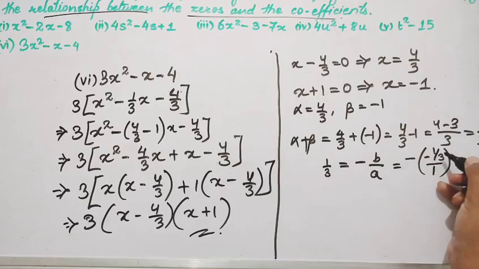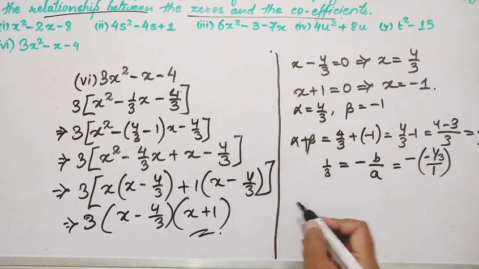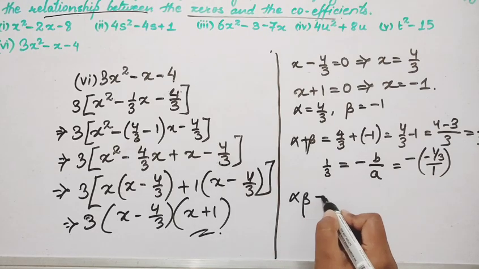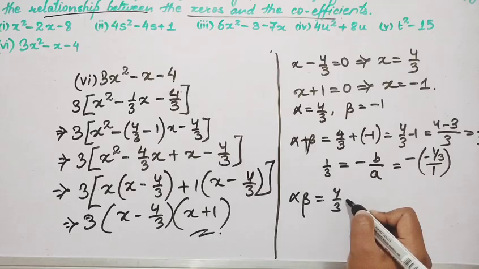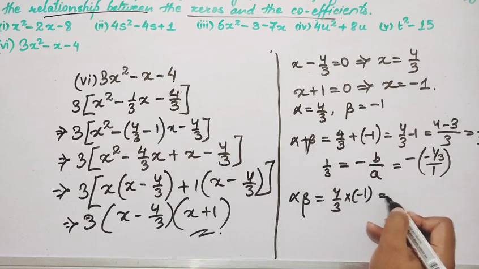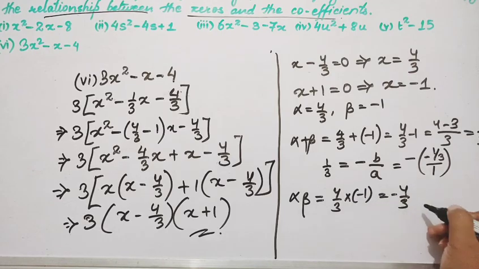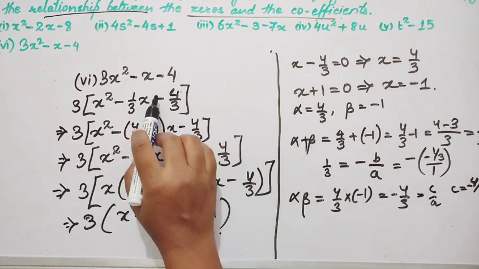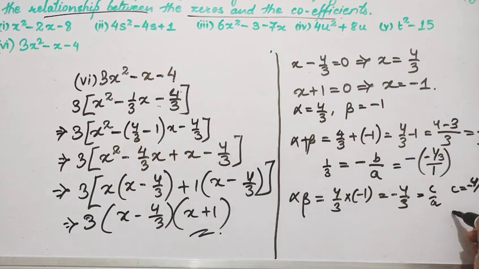So we get minus into minus plus, and 1 by 3. Again, alpha beta equals 4 by 3 into minus 1, which is minus 4 by 3, which is c by a. Here we have c equals minus 4 by 3, as we can see over here, and a equals 1.